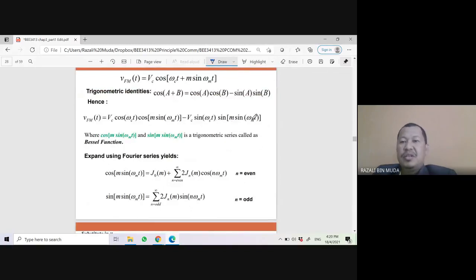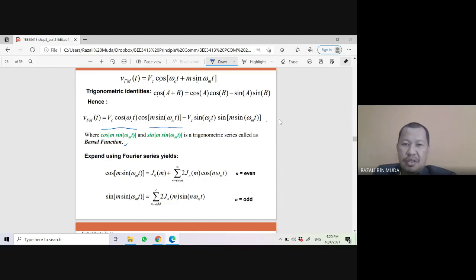It involves trigonometry, the cosine of a sine. Cos(A plus B) equals cos A cos B minus sin A sin B. Therefore, v_FM equals Vc cos omega c t cos(M sin omega m t) minus Vc sin omega c t sin(M sin omega m t). Here cos and sin form a trigonometric series called the Bessel function.